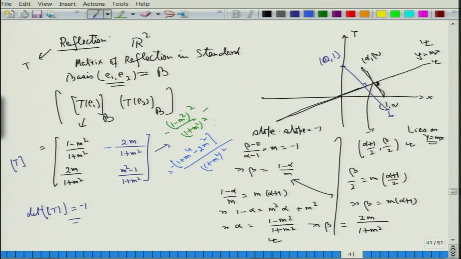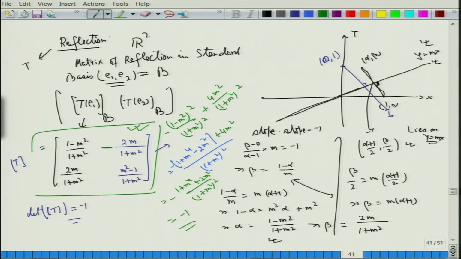So, I get here this plus 4m square divided by (1 plus m square) whole square. So, it will be plus 4m square. So, this will give me minus of (1 plus m to the power 4 plus 2m square) by (1 plus m square) whole square, which is minus 1. Fine. So, this is the correct one. There should be a minus here. Is that okay?